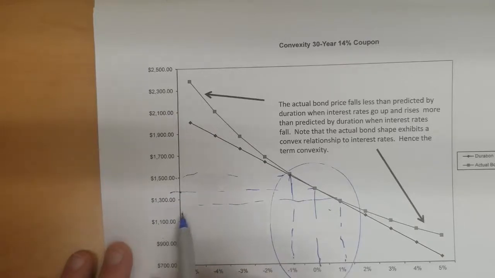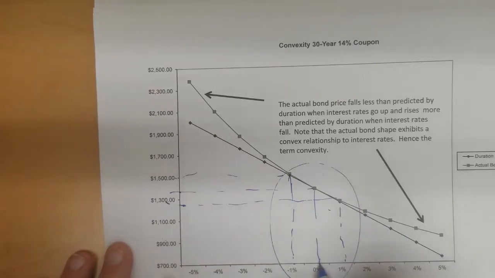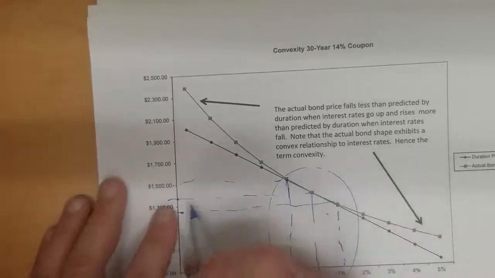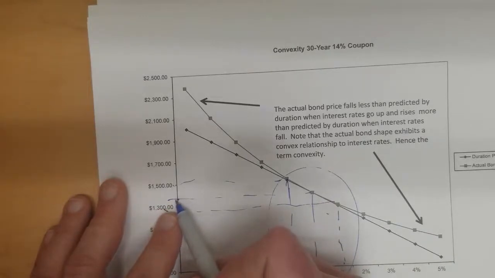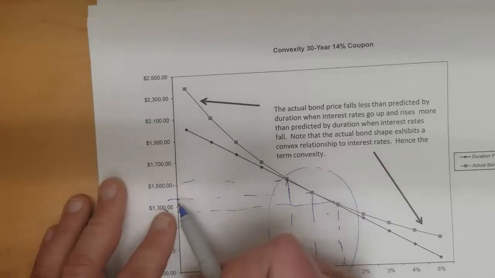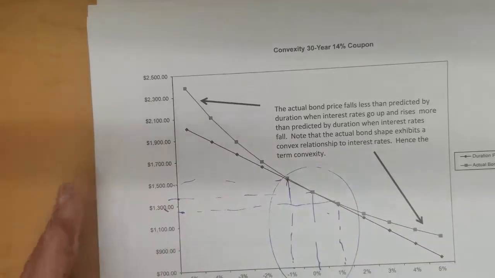So it falls to below 1,300 when originally, at 0%, it was just above 1,350, maybe even right under 1,400.